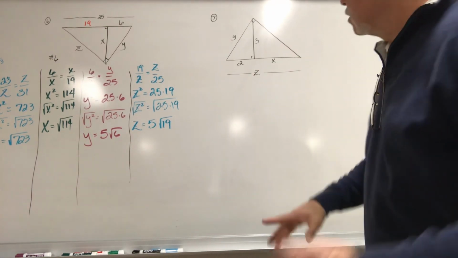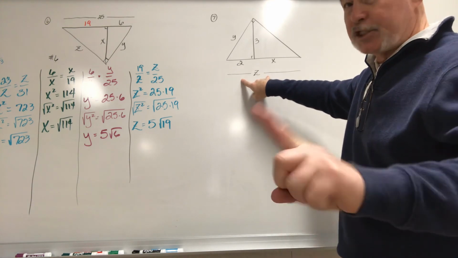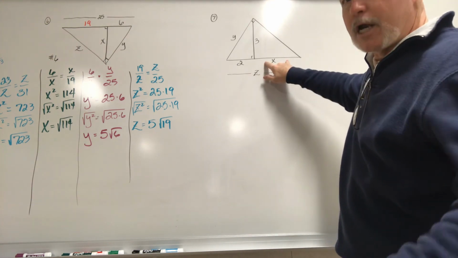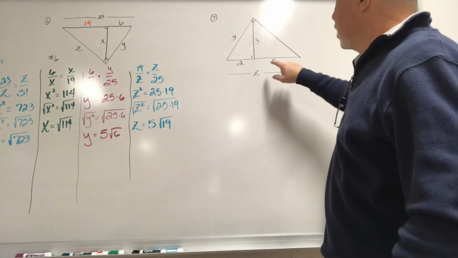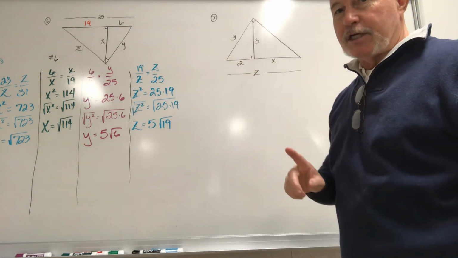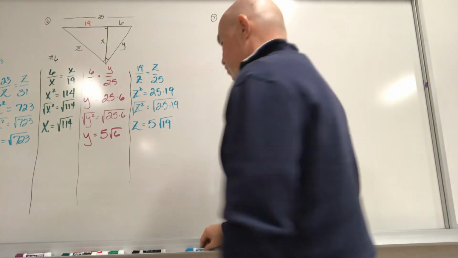Last one. Oh, wait. We've got to find this. That's our Z. It's not a geometric mean. The X, not a geometric mean. Okay? The Y is. I'm going to start with the X here. Okay? And you'll see why in a second. Okay?